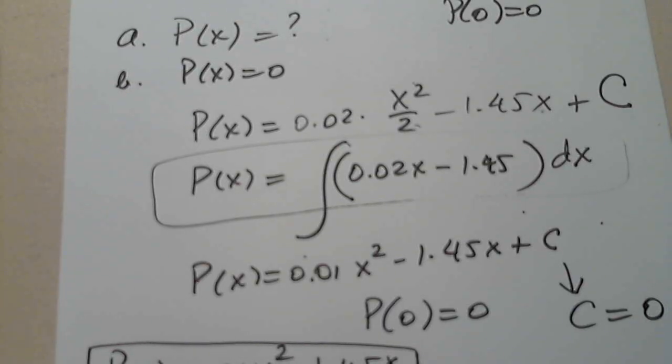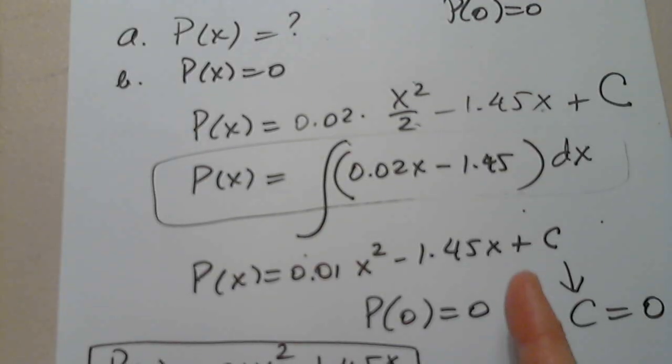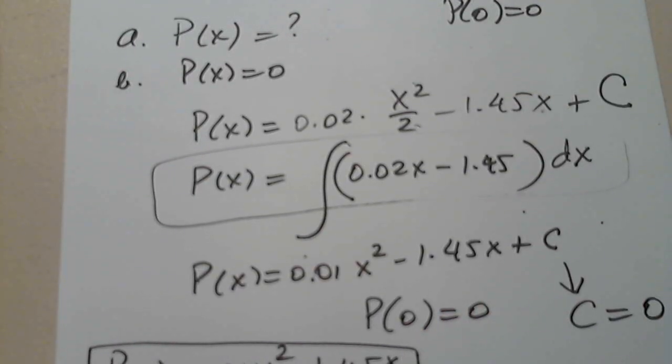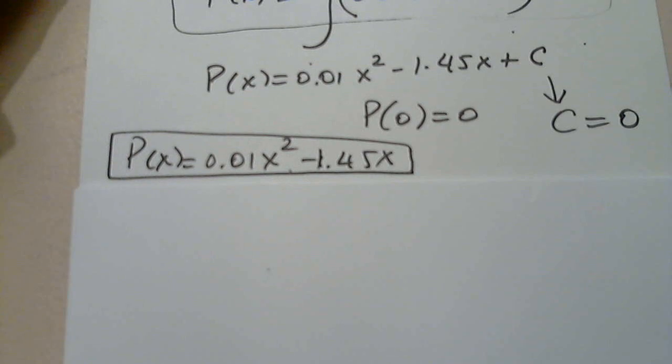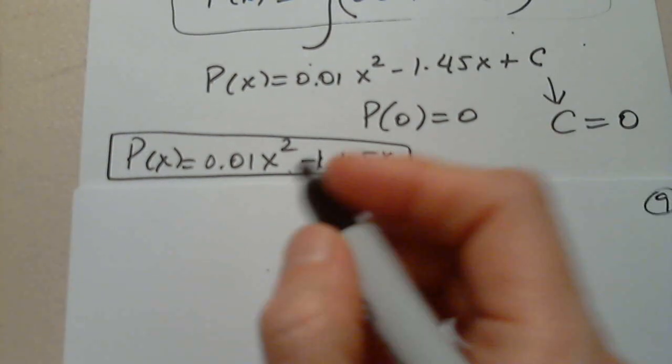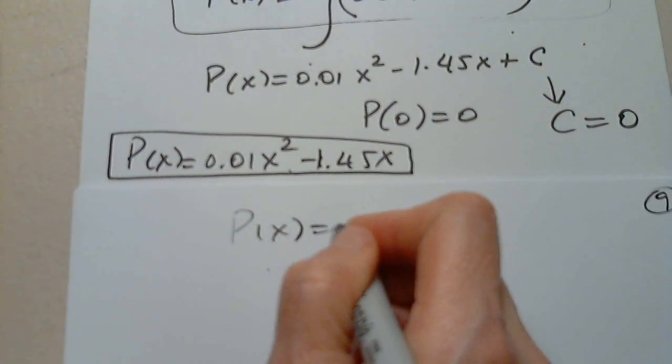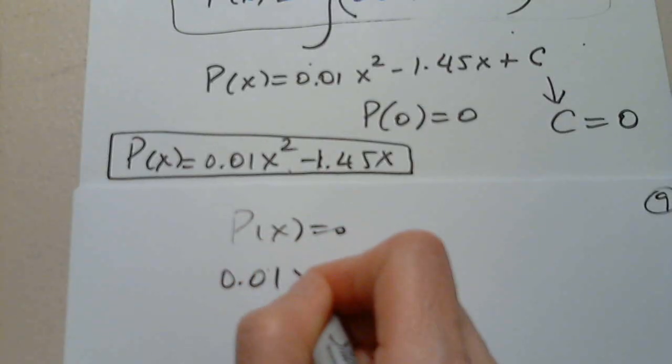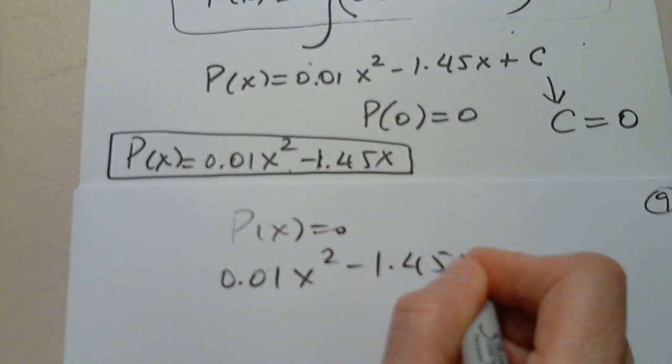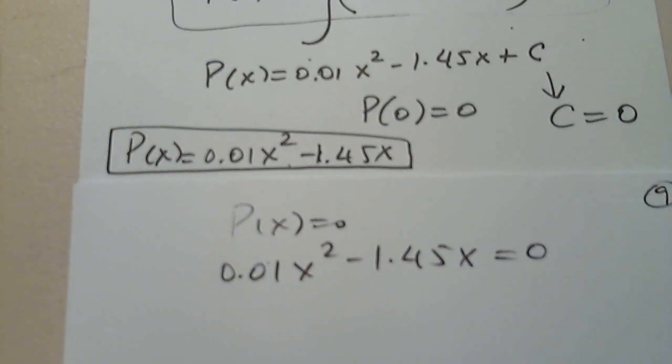This part is algebra: set this equal to 0 and find x. So P of x equals 0 means 0.01x squared minus 1.45x equals 0.